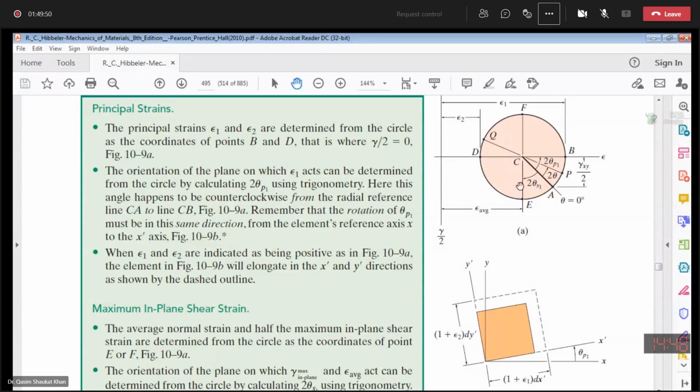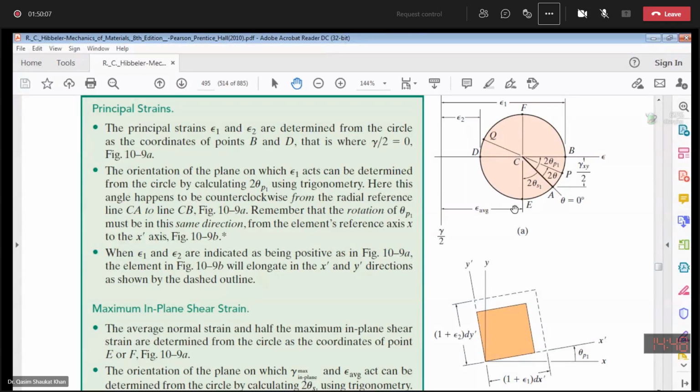And your 2 theta S2 will be moving from the reference line CA towards CE. So 2 theta S1 plus 180 degrees will give us the orientation 2 theta S2.